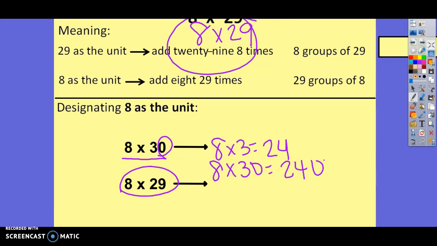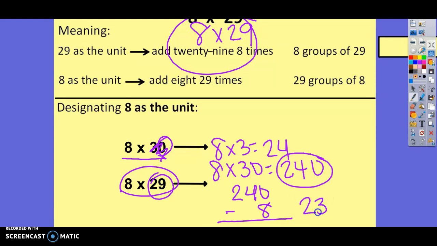So what could I take away from this 240 to help me solve 8 times 29? If you said you would take away one of the 8s, you were correct. So you do 240. You take away one of the 8s because we only need 29 8s and not the 30. 240 minus 8 will give you 232.